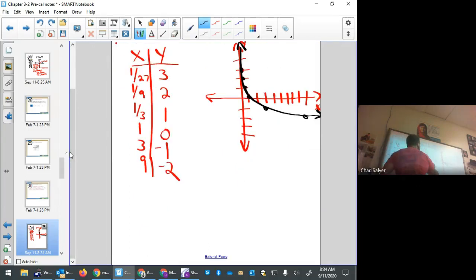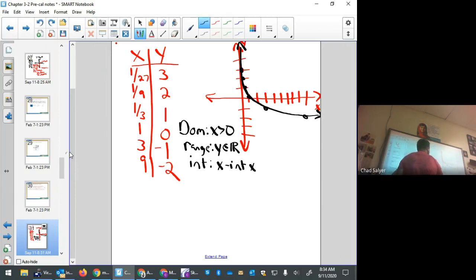All right, domain is going to be x greater than 0. The range is going to be y is a real number. The intercepts, there's only an x-intercept, and it's at x equals 1. And then there's a vertical asymptote at x equals 0.